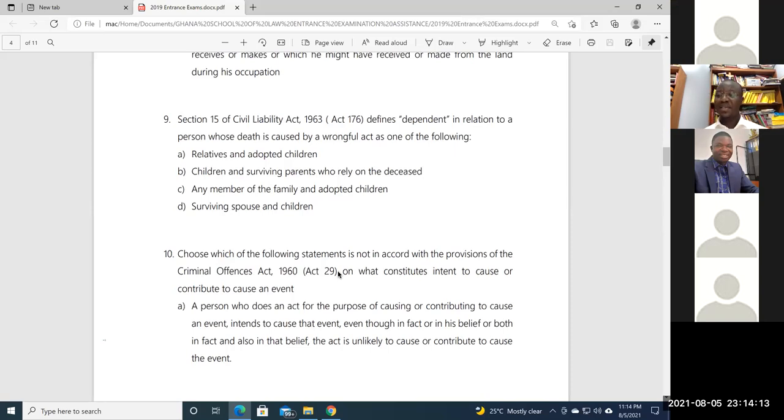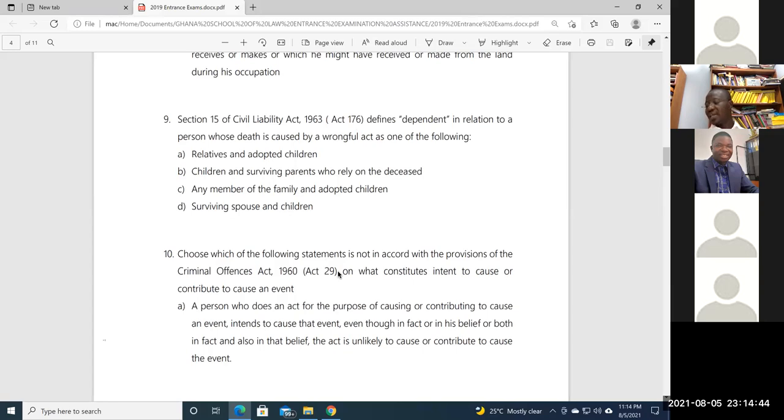In other words, the person who is entitled to have sued to get compensation or damages, even though he is dead, his estate, those who are supposed to benefit from his estate, can still go to court and ask for things which he could have obtained were he alive. So we call that the survival of cause of action. And that is why the Civil Liability Act is very important.